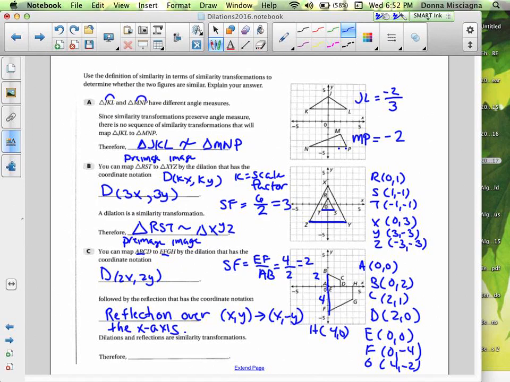So dilation's similarity and reflection's congruence, but if we put a similarity transformation and a congruence transformation together, we end up with a similarity transformation. Right? It's going to be dilated and then reflected. So that means our figures are similar, and ABCD is similar to EFGH.